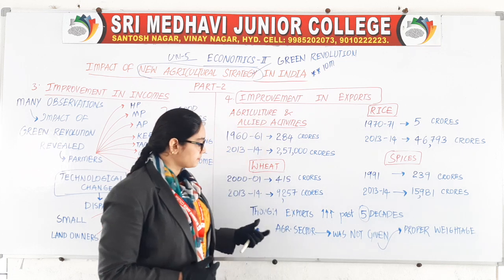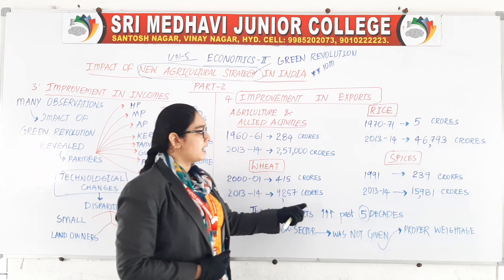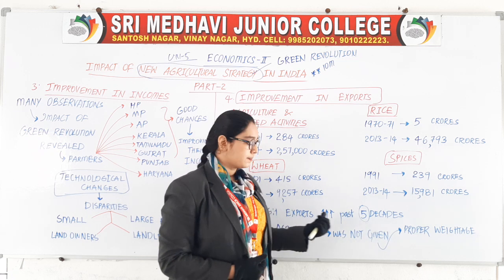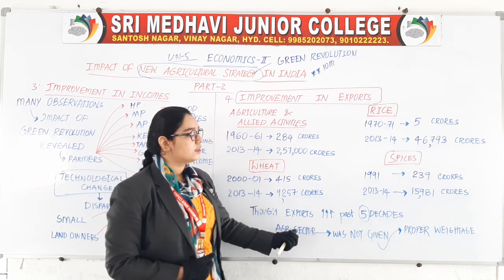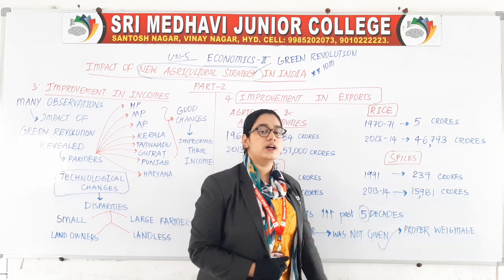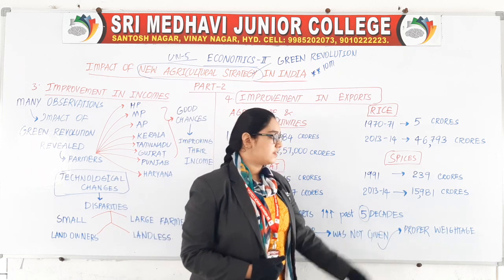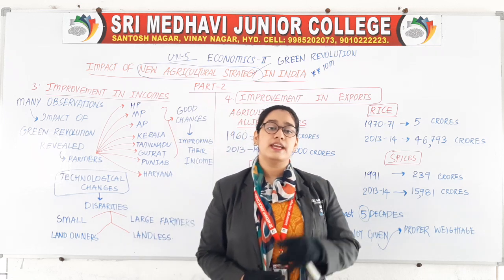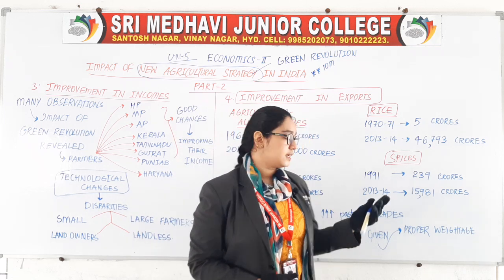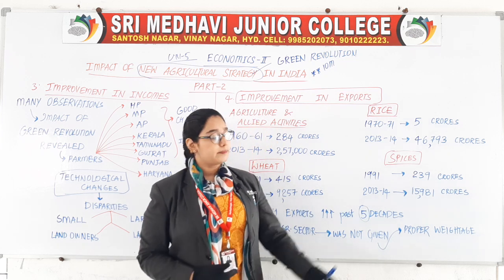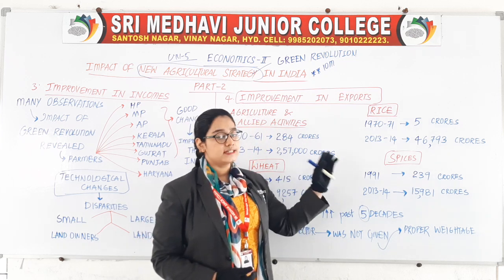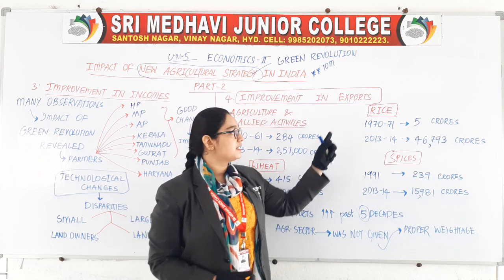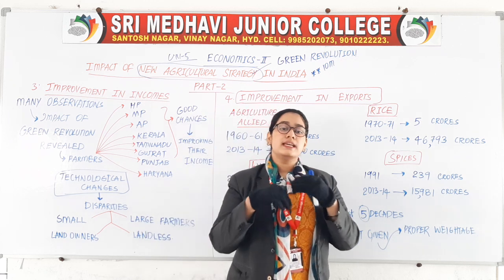Though the exports have increased in the past 5 decades, the agriculture sector was not given proper weightage. 5 decades means 50 years, as a decade is 10 years. So for the past 50 years, our agricultural productivity in exports was increasing.